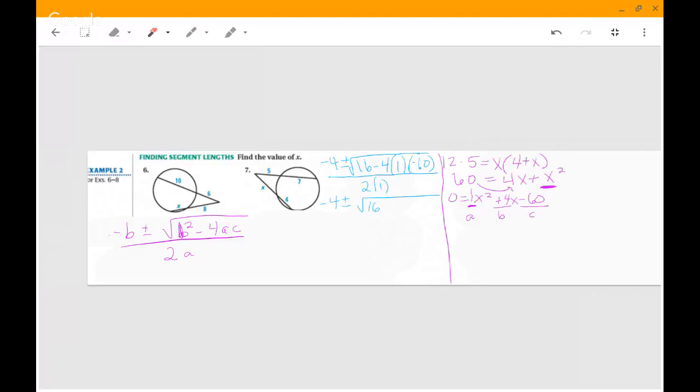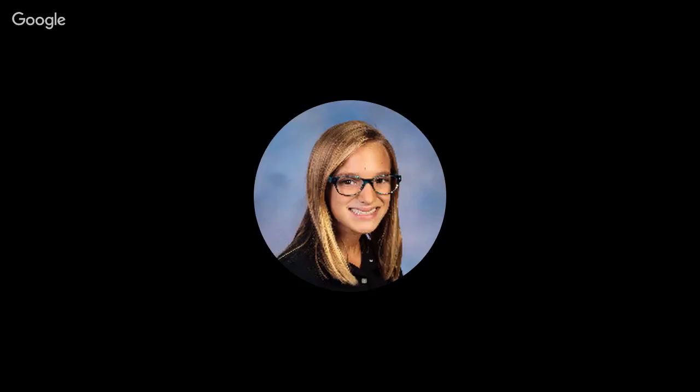So all this stuff is multiplied together. So it's -4 times 1 times -60. How much is that? -4 times 1 times 240.